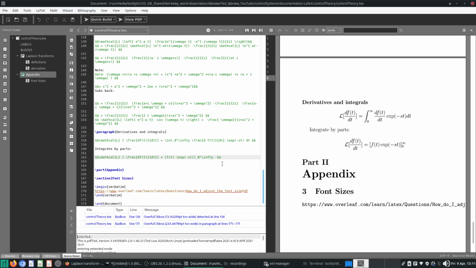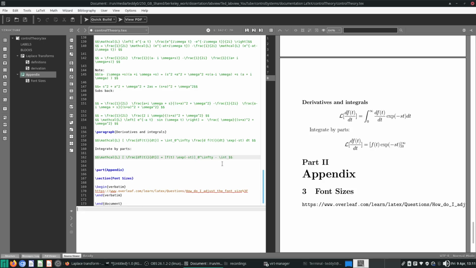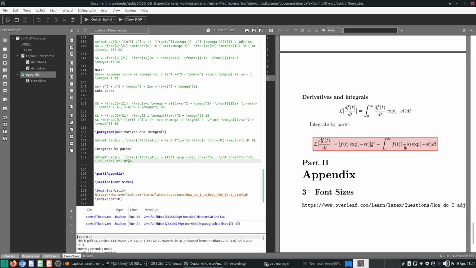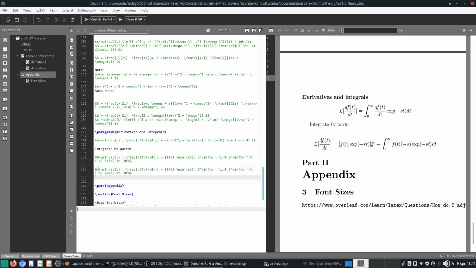Then we have to subtract something. We integrate from 0 to infinity f(t), and then we differentiate the exponential side, which gives minus s times e to the minus st dt. Now I want you to notice something.